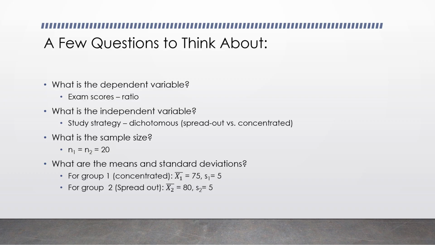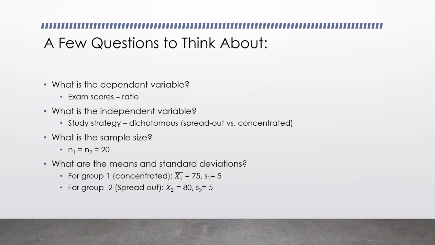Since test scores are the outcomes of the study strategy, strategy is our independent variable, and exam score is the dependent variable. The independent variable splits the sample into two groups, and our goal is to compare the average scores, mu1 and mu2, of the two populations.